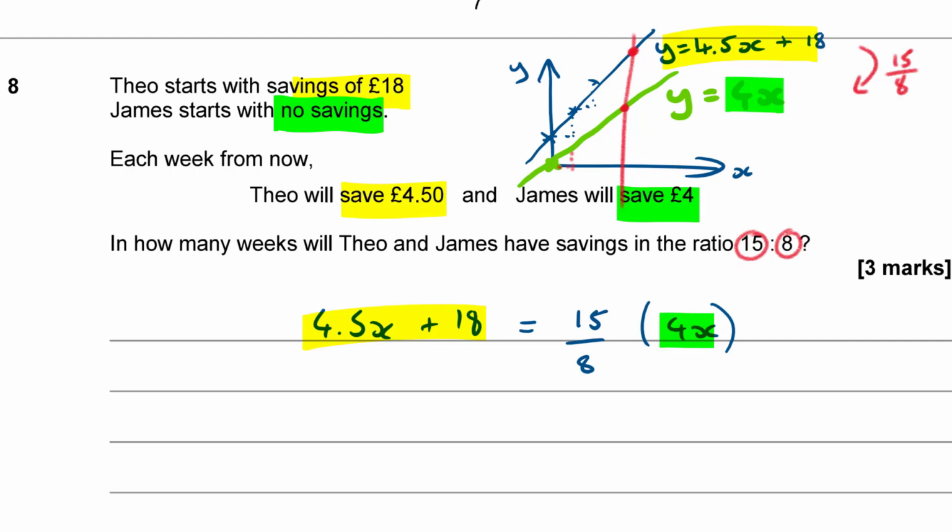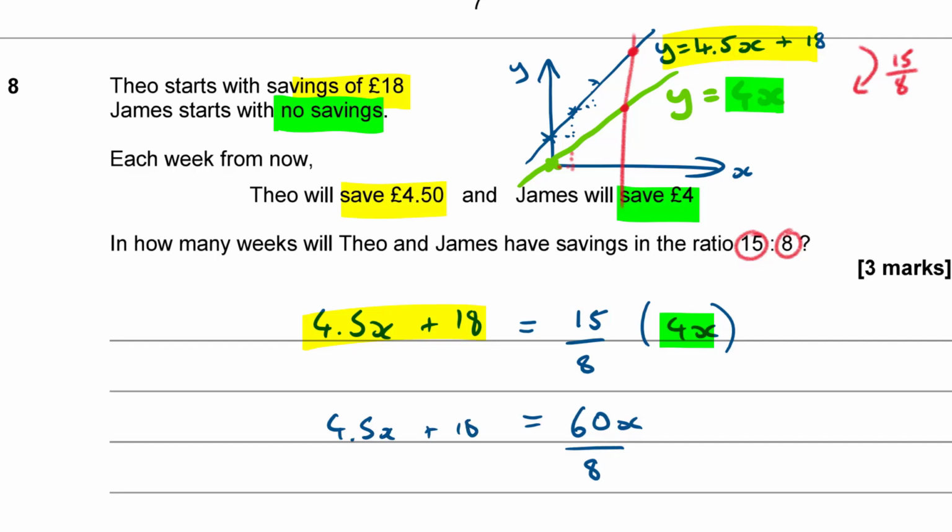Shall we try and do that then? So 4.5x plus 18 equals 15 lots of 4x over 8. Let's multiply out the bracket on the right: 15 fours is 60x over 8.